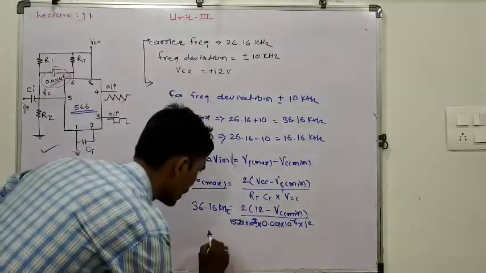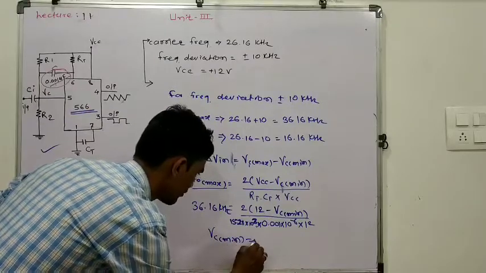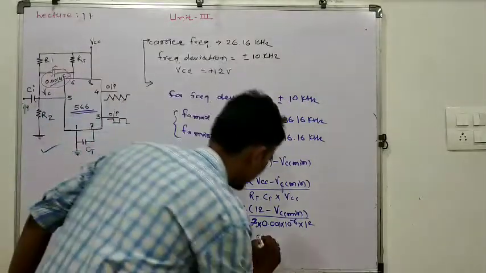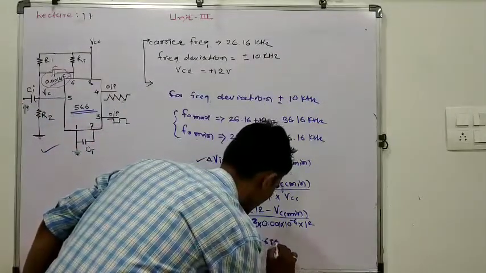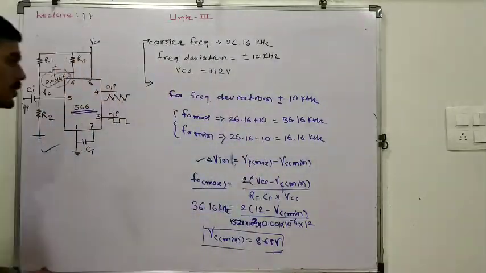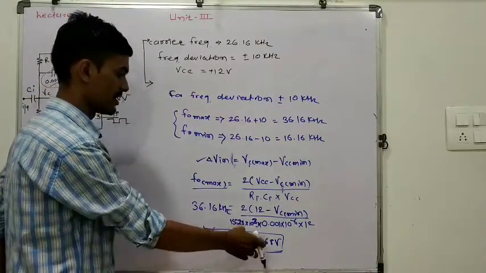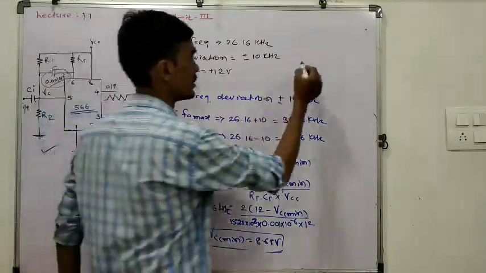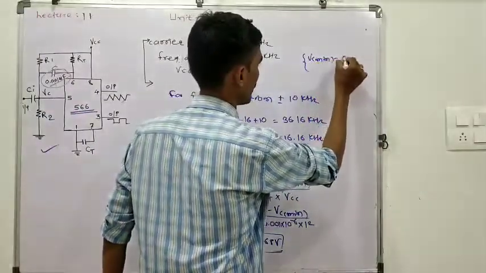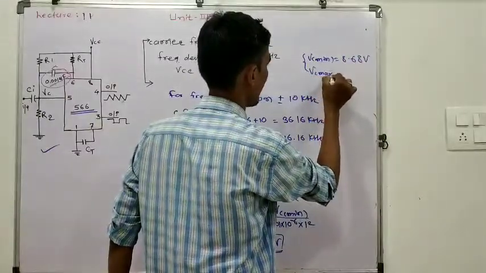Here we have only one unknown, that is Vc minimum. So we get the value of Vc minimum as 8.68 volt. So this is the calculation of Vc minimum. I just write down here Vc minimum 8.68 volt. Here also we are calculating Vc max.